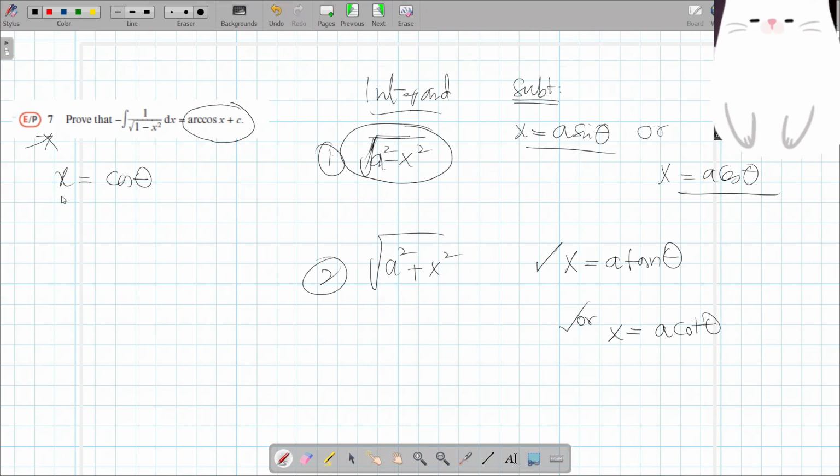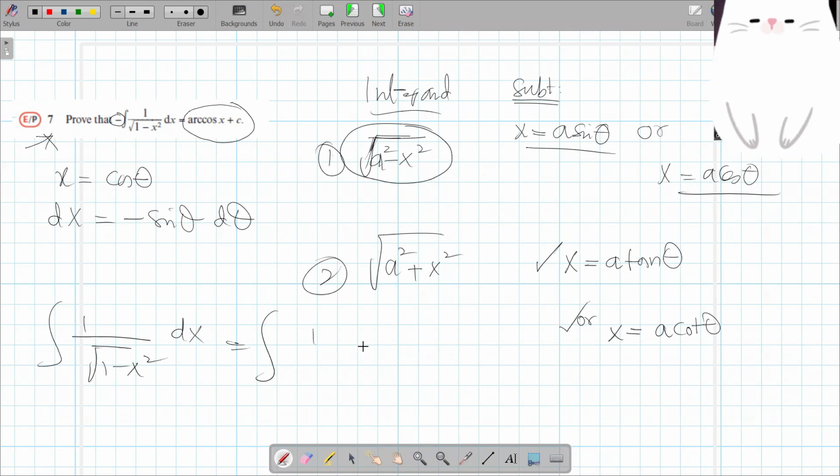If x is cos theta, then dx is equal to negative sine theta d theta. So the antiderivative after this substitution will be equal to 1 over the square root of 1 minus cos square theta, and dx is equal to negative sine theta d theta.